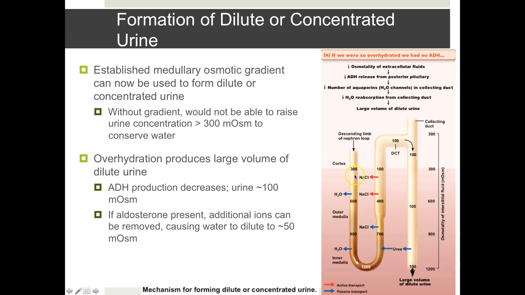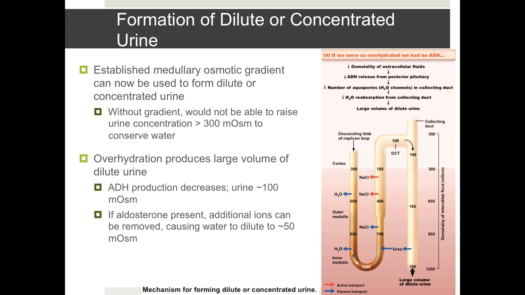As you can see, when we move into our medulla, we start to see a rise in that osmolality in the nephron. So we said we are going to talk about dilute urine first, and that can be caused by overhydration. We get a large amount of volume of our urine, and it is dilute, meaning we have lowered osmolality of our urine.